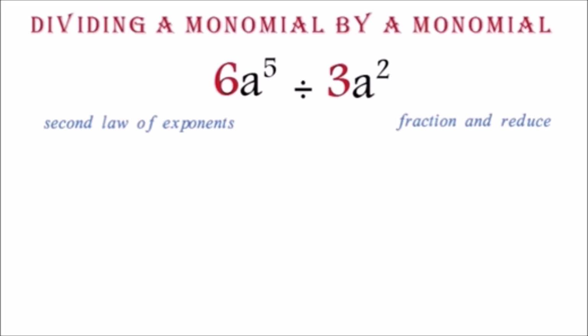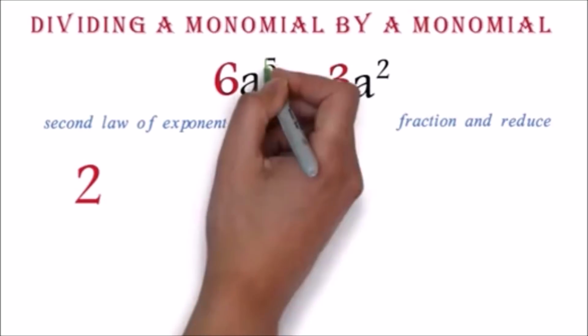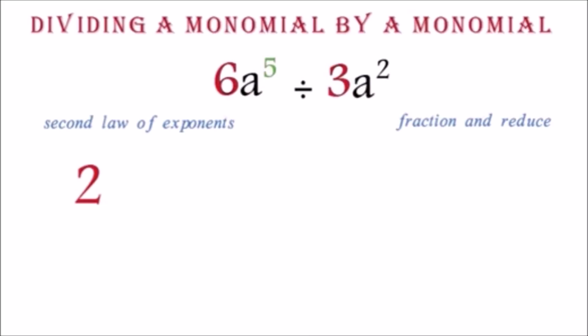This will give us the coefficient of our answer, which is 2. The next thing is to subtract the exponent of the same letters. We already know how to do this from the previous lesson. We work on the a exponent 5 and a squared. We subtract their exponents and get a cubed.